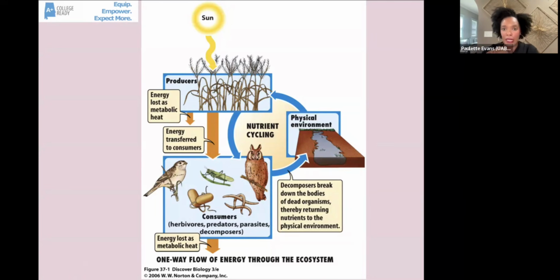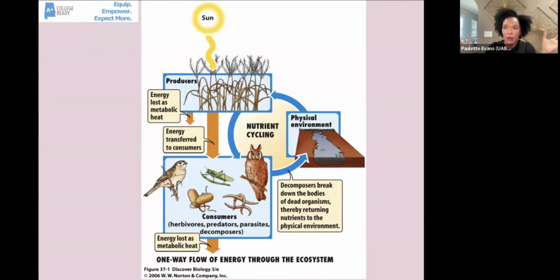The second thing that you may see in this picture, also marked with these arrows, is nutrient cycling. What does that mean? I'm going to try to make that very simple. It means all the carbons, hydrogens, oxygens, nitrogens, and phosphorus that we're using in these organic and inorganic molecules are going to be recycled in the ecosystem.